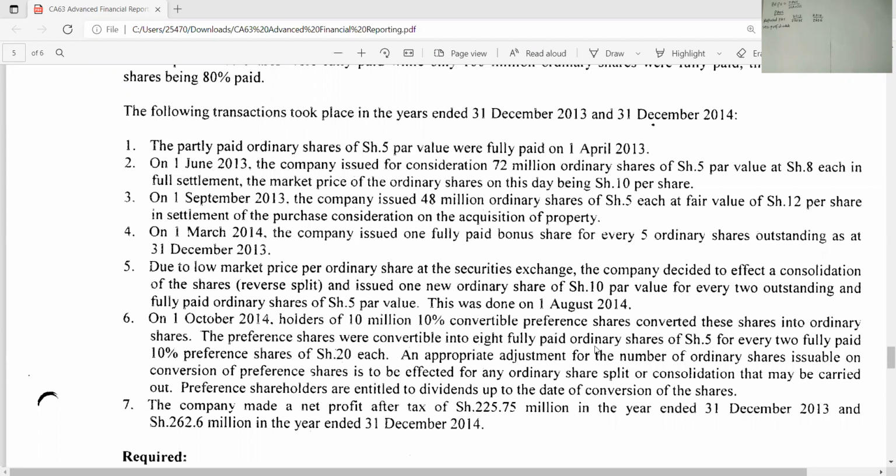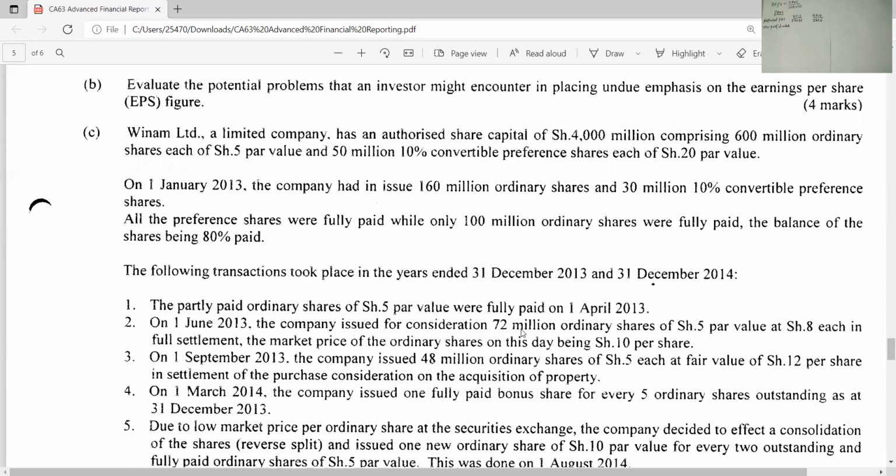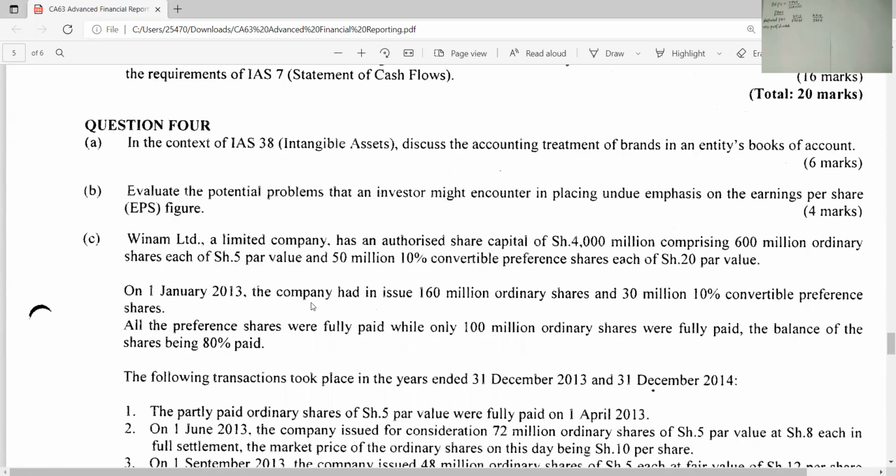Remember that the total preference shares which were issued, before I even talk about the convertible, is 30 million.